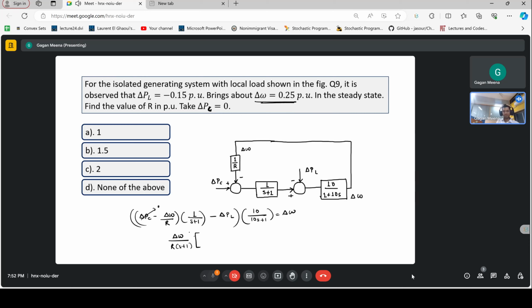Delta omega will be minus 10 over 10S plus 1 delta PL divided by 1 plus 10 divided by R plus 1 S plus 1, 10S plus 1.